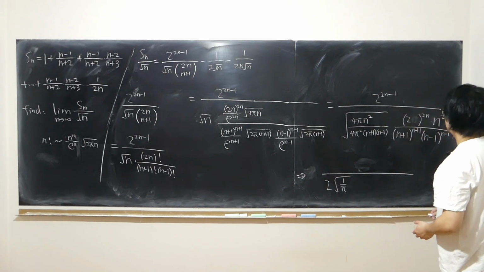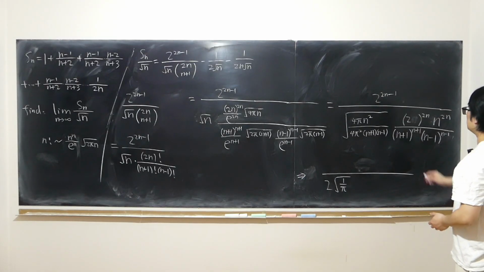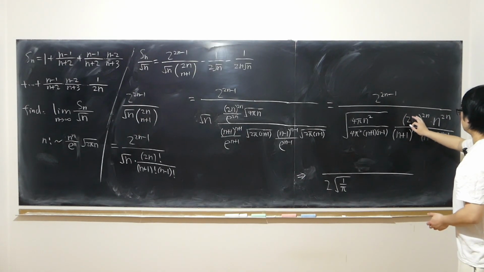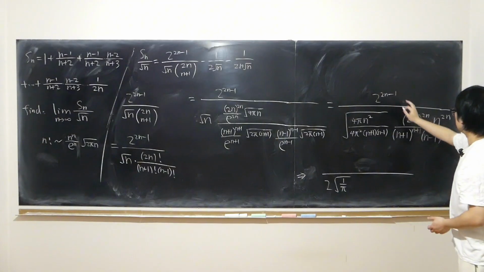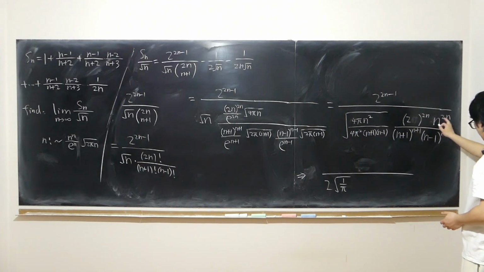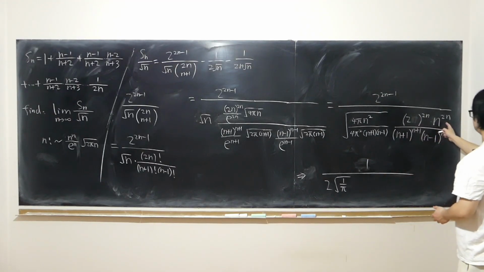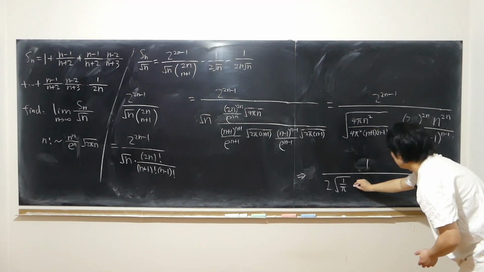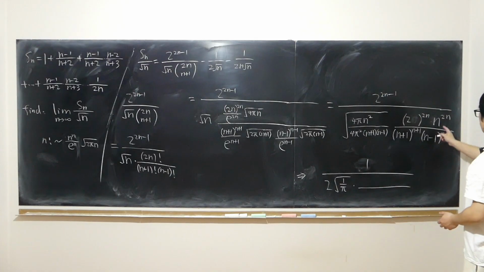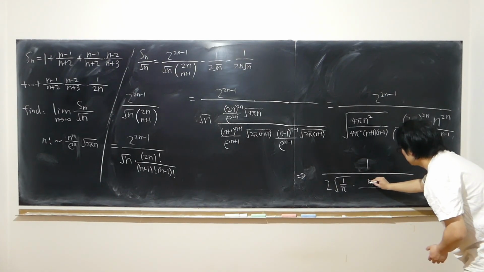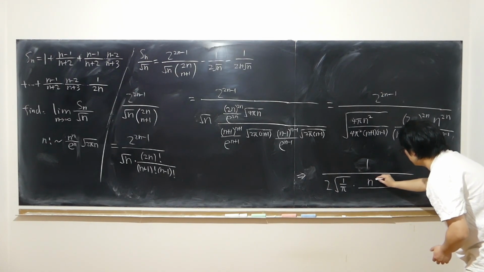The rest is, like I said, this one simplifies with this one. So we still have n to the 2n. So n to the 2n is n to the n times n to the n.